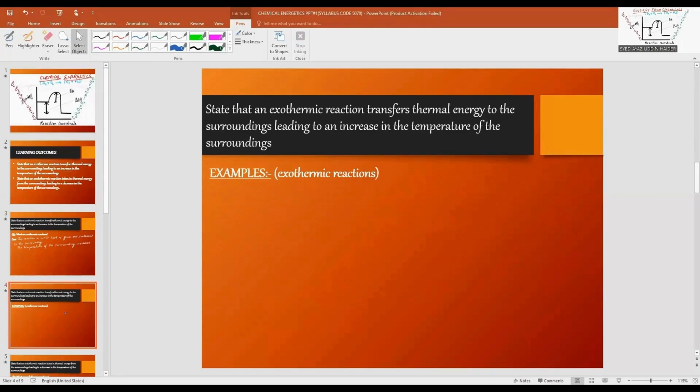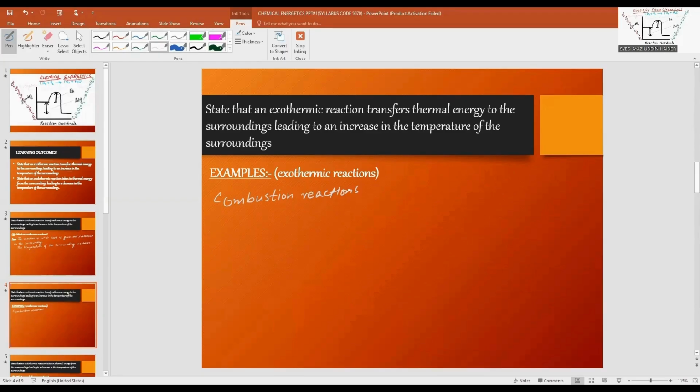Now let's talk about the examples of exothermic reactions. Some examples of exothermic reactions are combustion reactions, like methane, burning of carbon, and respiration reactions.